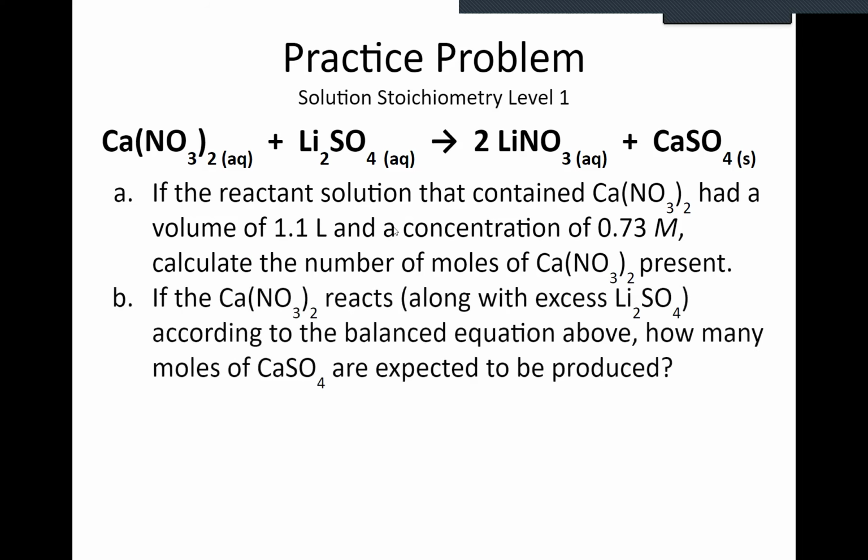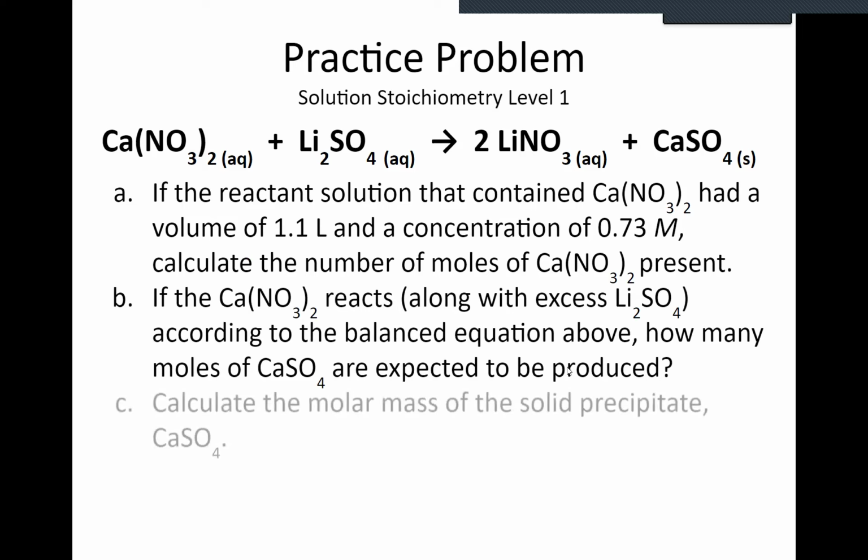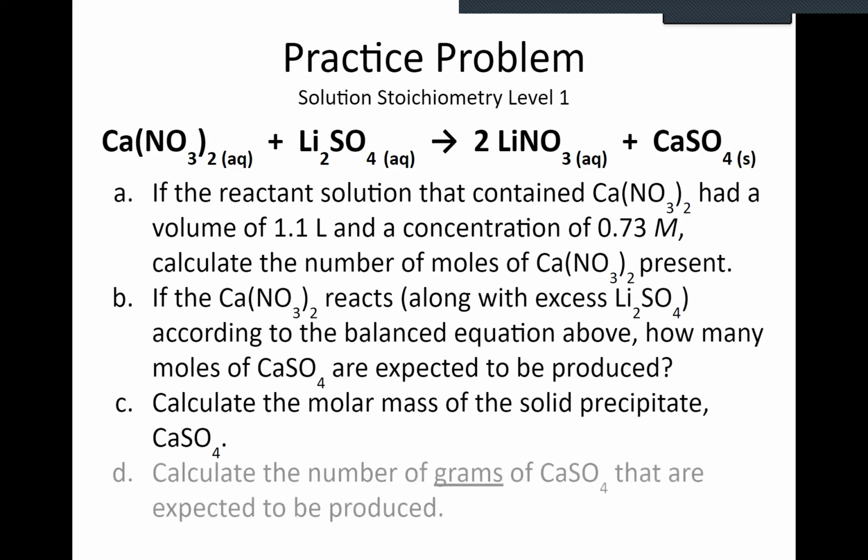B, if the calcium nitrate reacts along with excess lithium sulfate, according to the balanced equation, how many moles of calcium sulfate are expected to be produced? C, calculate the molar mass of the solid precipitate. D, calculate the number of grams of that solid precipitate that are expected to be produced. Let's tackle each of these parts one at a time.